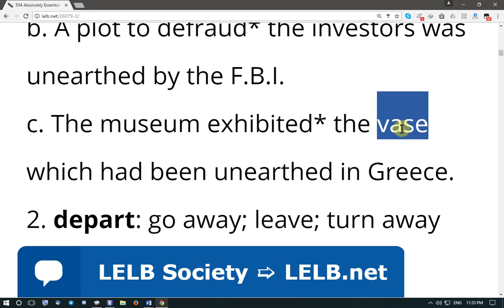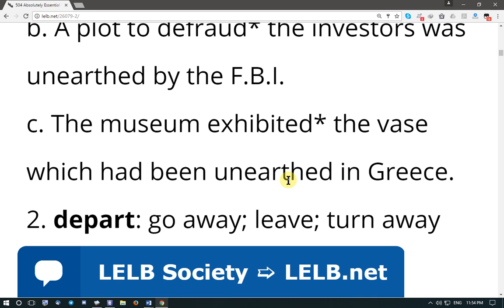Vase is the, let's say, American pronunciation, and according to British pronunciation, it is pronounced vase. My accent tends to be more British, more American based. Which had been unearthed in Greece. So the museum exhibited or showed or displayed the vase which had been unearthed in Greece.